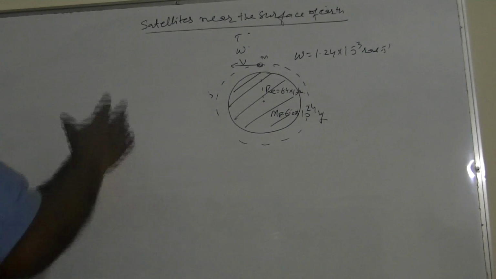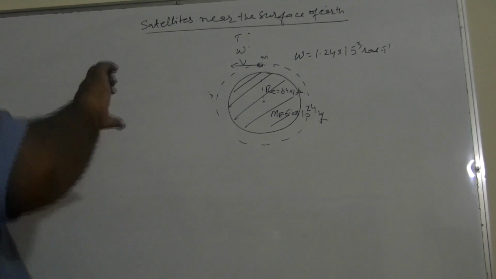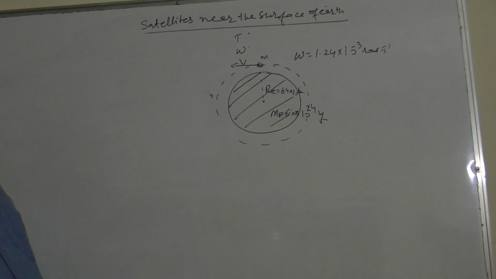Now for the uses of these satellites: first of all, because they are near the surface of Earth, they are very suitable for spying purposes. Also for communication purposes, but communication that does not last for a longer time. For cricket, these are not proper for that. But for short messages and short transmissions, that's okay.